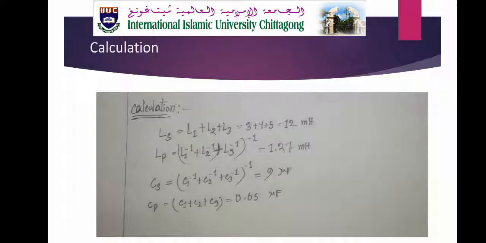By putting the values of L1, L2, and L3, we get LP equal to 1.27 mH. And for C, by putting the values of C1, C2, C3, we get CP equal to 9 microfarad and CS equal to 0.65 microfarad.